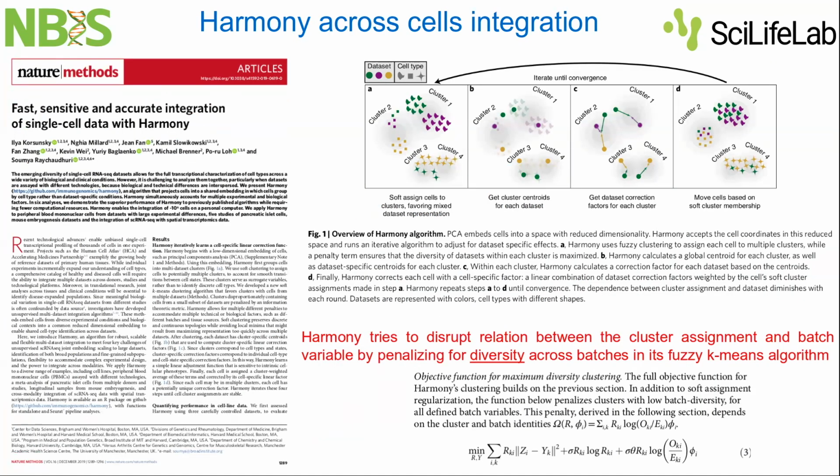Harmony has a funny algorithm that tries to mix all different clusters across batches as much as possible. So basically it implements what they call smooth assignment of cells to clusters, or basically moving cells between clusters and running k-means, clustering all the time, and having a special penalty function that prioritizes mixing of different batches within each cluster.